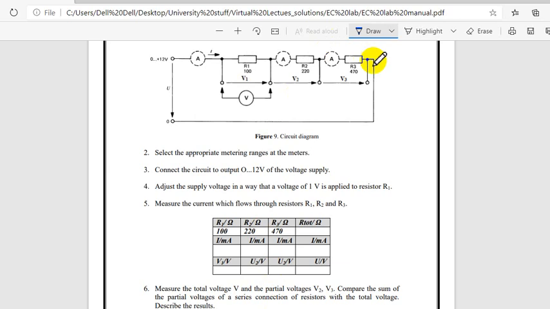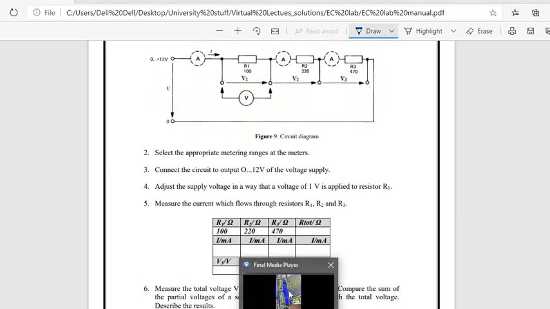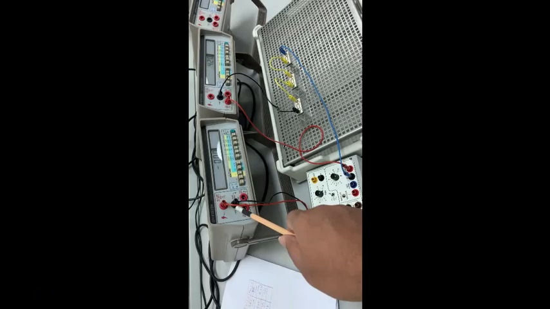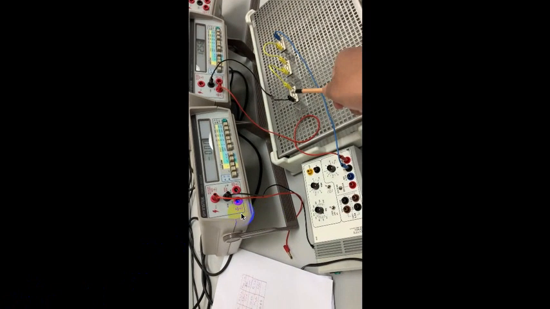From R3 it is being connected back to the 0. So this is your complete circuit. Now I will connect the voltmeter across R1. Let us see if there is any drop in the voltage.